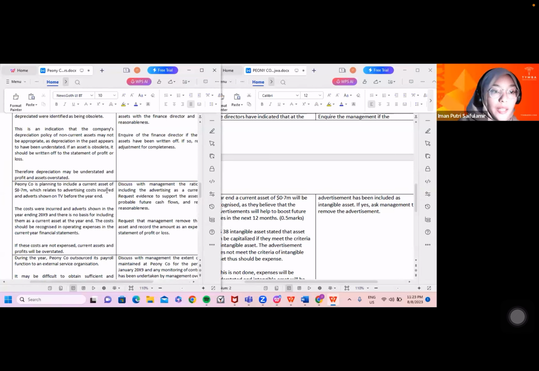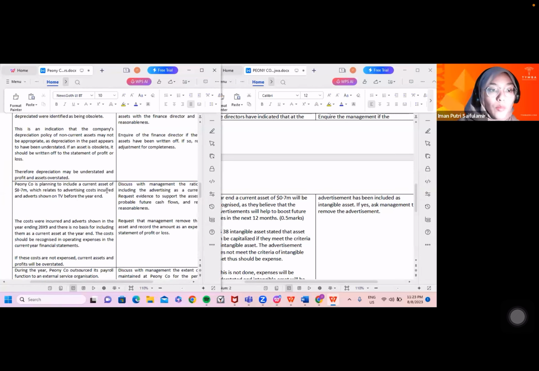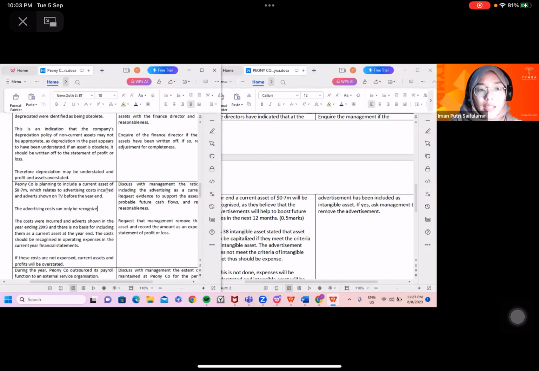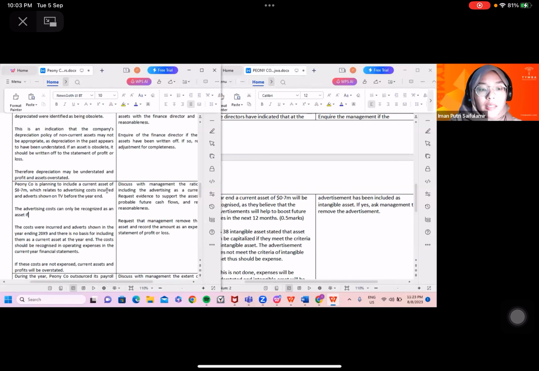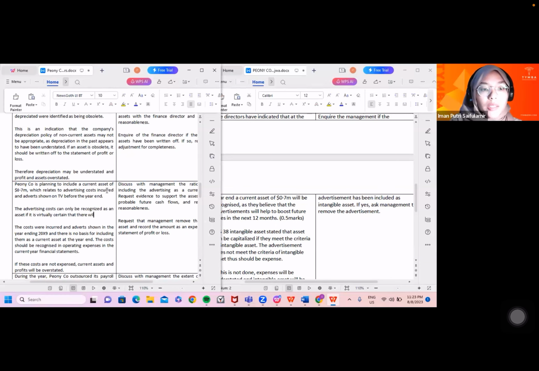Another way that I can word it is, okay, basically the advertising cost can only be recognized as an asset if it is virtually certain that there will be an inflow of future economic benefits that can be measured reliably.